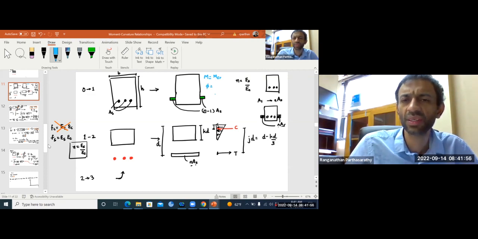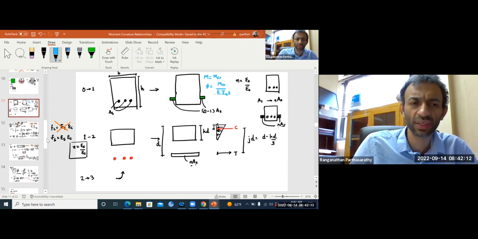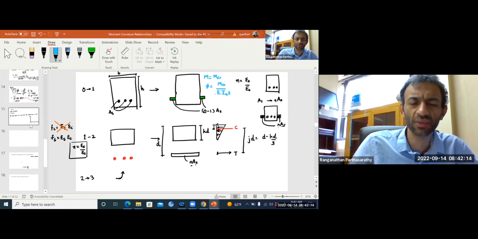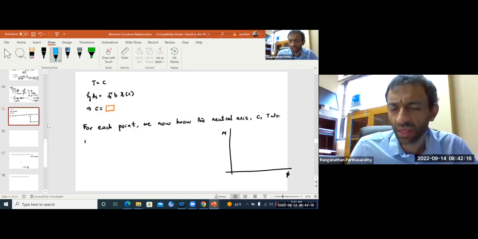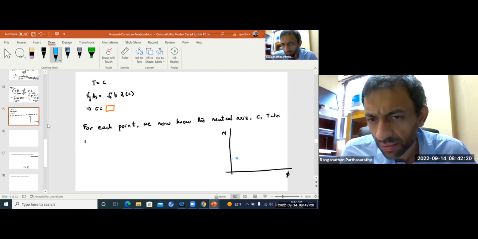Curvature for point 1 is nothing but MCR over E times I uncracked transformed. So you got M and phi for point number 1, so we can construct our graph now. We got point 1.